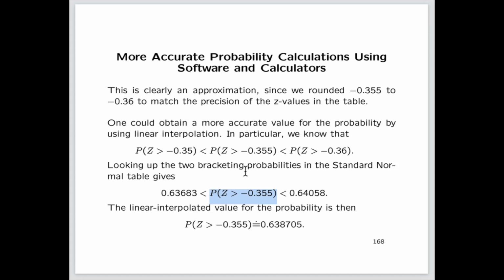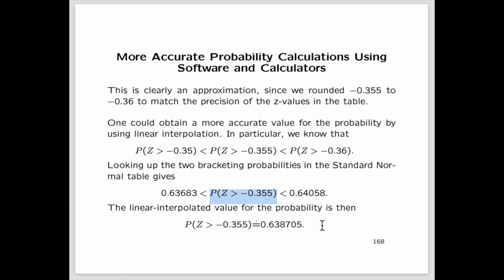So the linear interpolation in this case would be very simple. We would just take the average of those two values. And so that would give us the linear interpolated value for the probability that z is greater than negative 0.355 of 0.638705.